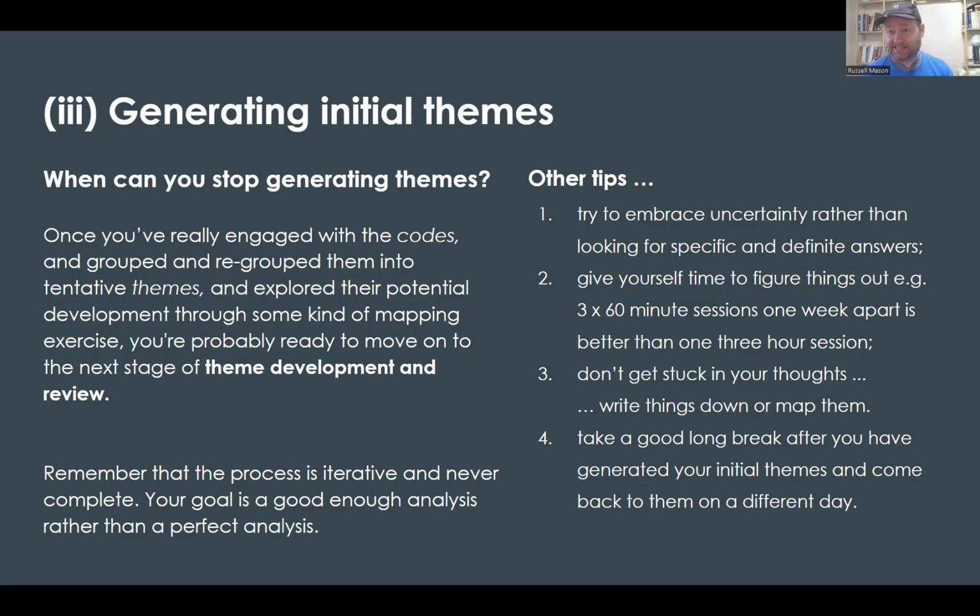That would be the second session, and then take another break, and then maybe in the third session you do stages 4 and 5, which will be explained in the next video, but it's basically reviewing and finalizing those themes. So take some breaks between the different stages. You will continue to think about this during those breaks, and it will help you to get some distance and to do better thematic analysis.